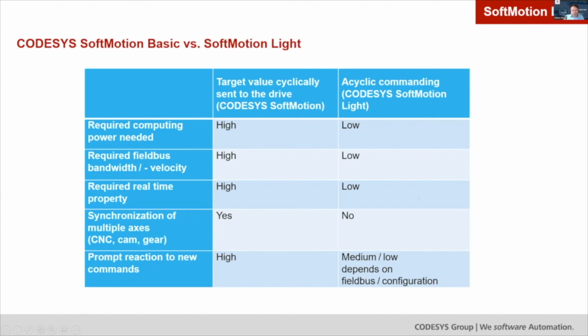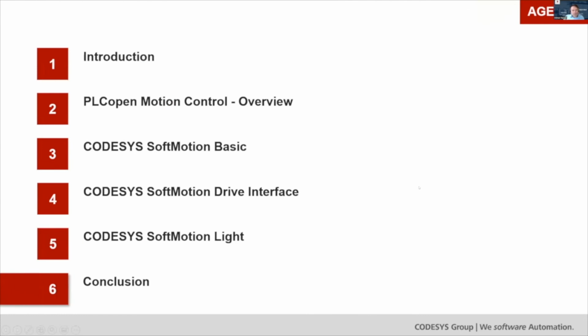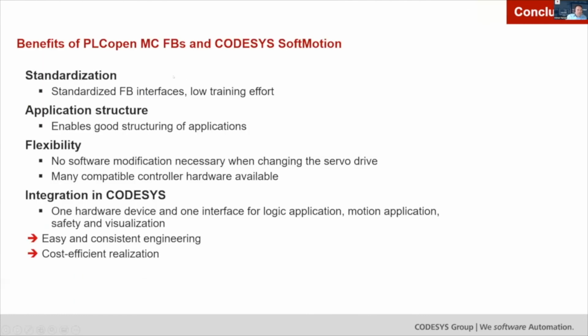Well, now I'd like to come to the conclusion. The benefits of PLCopen Motion Control function blocks and CODESYS SoftMotion. The benefit of these PLCopen function blocks for sure is that there are standardized function block interfaces. Everybody that has already worked with them can understand how another system works with it, and will be familiar without a huge training effort.